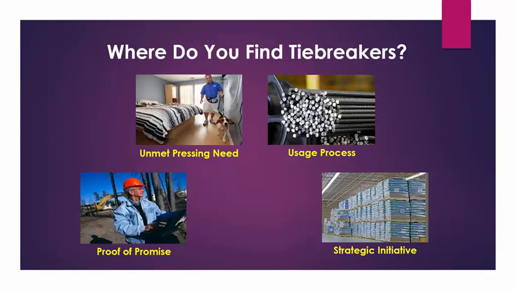All right, proof of promise, what does that mean? In the construction industry, for basic construction projects, there often is not that much difference between construction companies. The price is the same, the solution is the same. Often what distinguishes them is the qualifications of the site foreman.